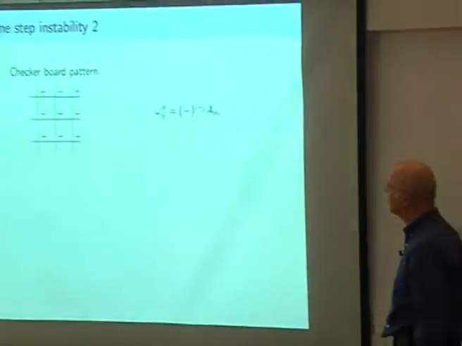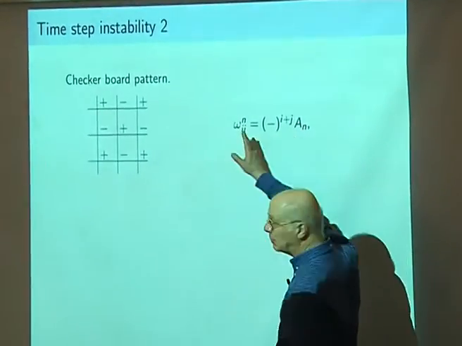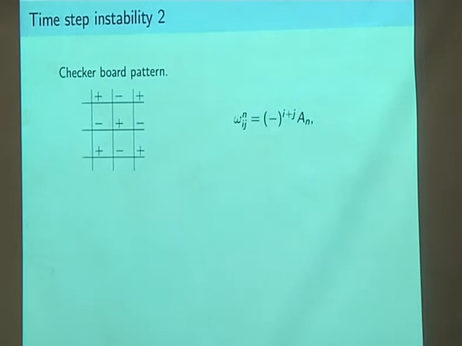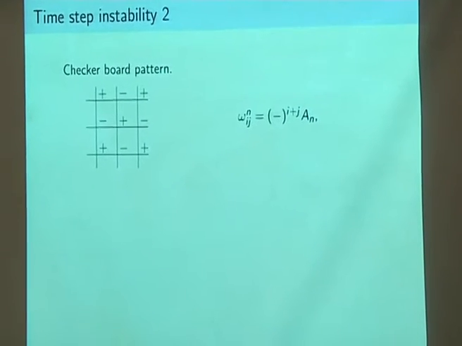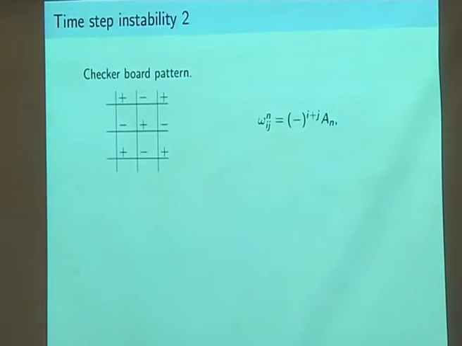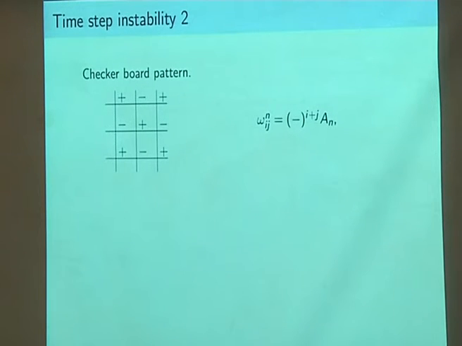Suppose we thought that at some time level it has a magnitude, an amplitude an, and it's either a plus 1 or a minus 1. So if I raise minus 1 to the power i plus j, I get this plus minus. Adjacent ones are of the opposite sign, and they're all the same magnitude of an at time level n. And I can go and substitute into it. It's the diffusion part of the time stepping that's causing the problem.